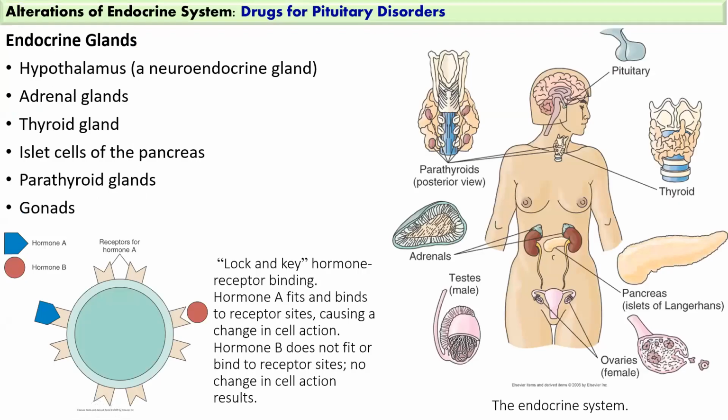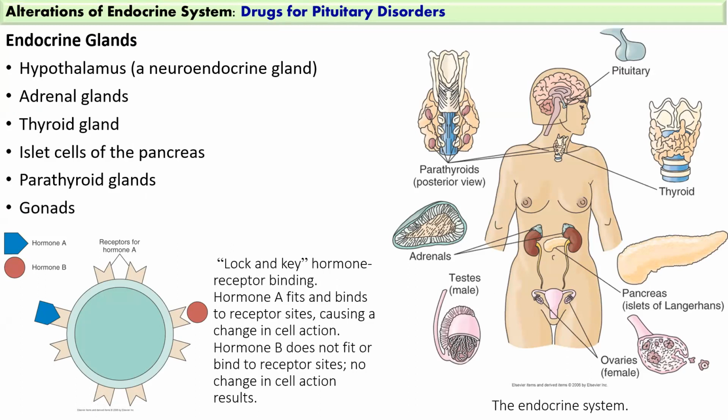The endocrine glands consist of the master gland, which controls all the other glands, which is the hypothalamus, and the second level of control comes from the pituitary gland.